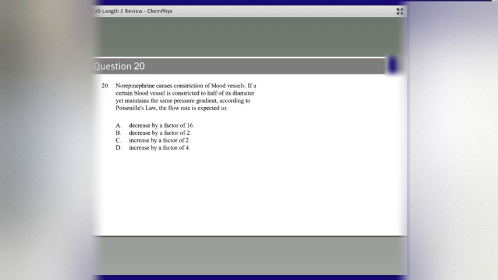What commonly ends up happening here is people make a significant mistake. That mistake revolves around the equation. Okay, the equation is Q equals delta P pi R to the fourth divided by 8 mu L. But here's the thing. What would we predict the change in flow rate to be in this particular case?